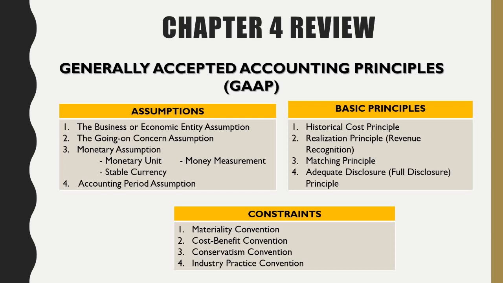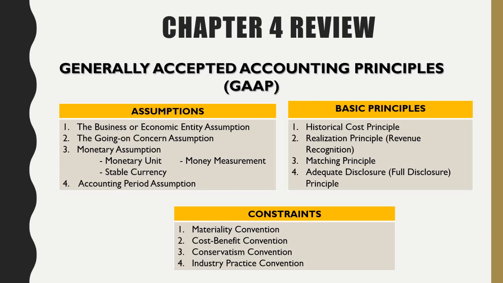What I want you to take away from this chapter here is I will not test you on your constraints and your conventions, okay? I will only test you on the first 8, which is your assumptions and your basic principles, okay? Because the constraints and the conventions, this is more for manufacturing businesses, right? Determining whether something is worthy enough to record, or having to weigh the cost versus the benefits.